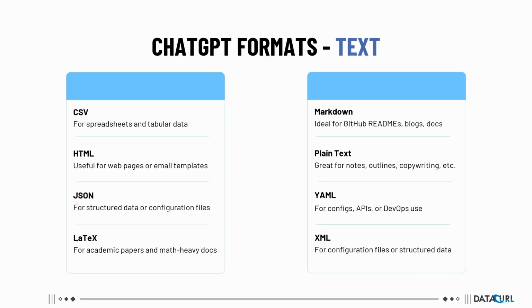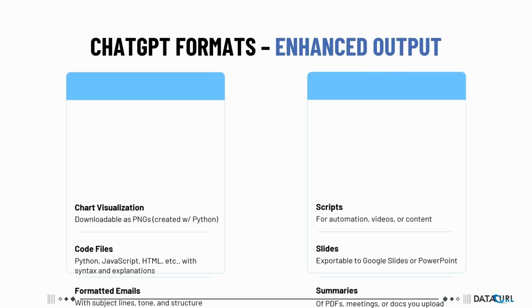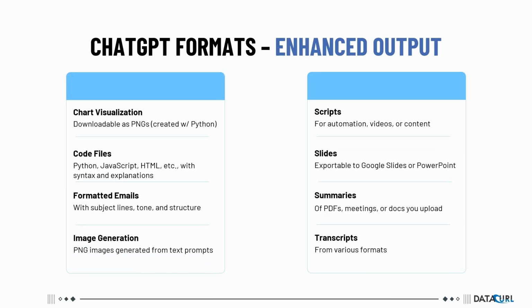There's plenty of uses for those, usually in more of a technology realm than marketing, but you might be surprised. Also, ChatGPT can create enhanced output. For example, it can visualize charts and make those downloadable as PNG files. It can make code like Python, JavaScript, HTML, whatever. Database scripts, I'm pretty impressed with what it can do with that. It can format emails with subject line, tone, and structure.